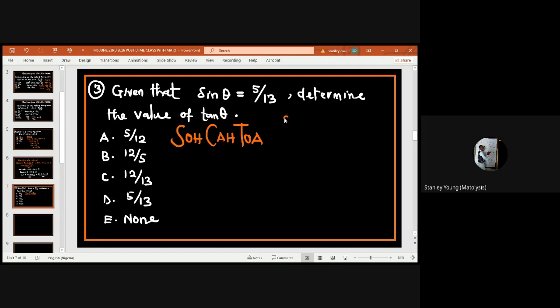Which means sine theta equals opposite over hypotenuse. Cos theta equals adjacent over hypotenuse. Tan theta equals opposite over adjacent.